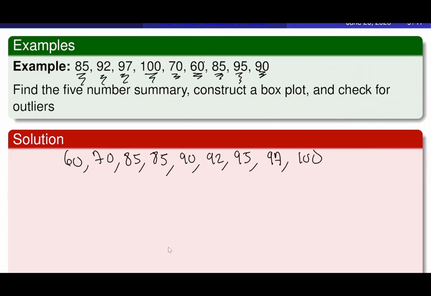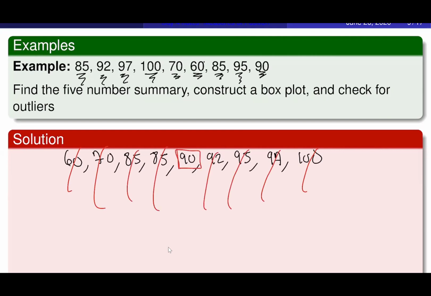So we're going to go ahead and find the median. Once we find the median, we'll find quartile 1 and quartile 3, and then we'll get the five number summary. So let's find the median. You cross off, cross off, cross off, cross off, and we get one number.